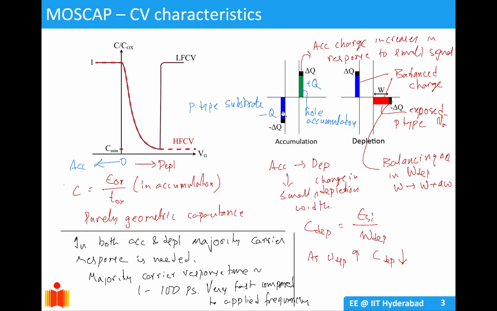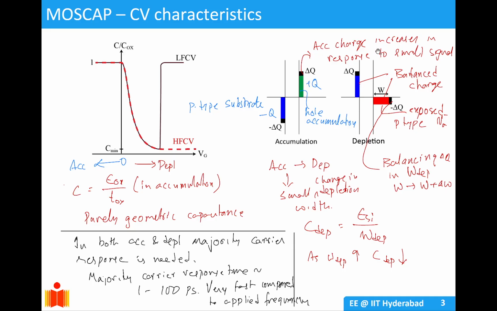So you see in accumulation, this is how your charges look. You have a thin sheet of charges on your metal-oxide interface, and a thin sheet of accumulated charges on your semiconductor-oxide interface.